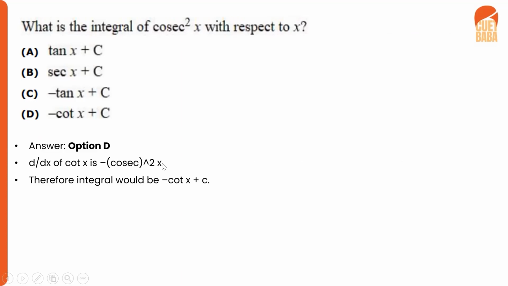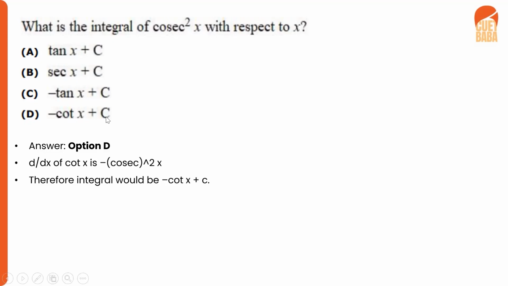So if that is the differentiation, then its integral would be negative cot x plus c. So here we have that in option D, that is negative cot x plus c. So you can remember it either way. Either you can remember the differentiation of cot x, or you can remember it as the integral of cosec square x.